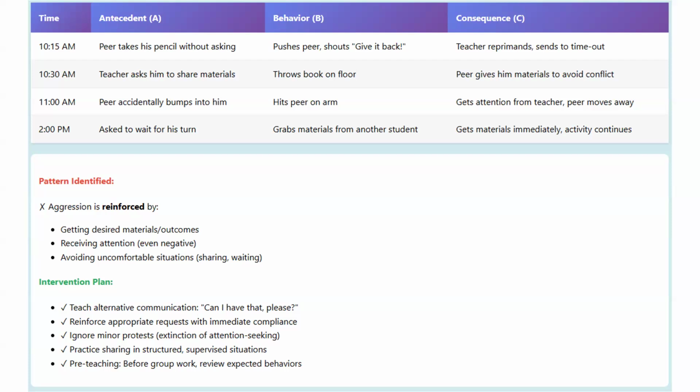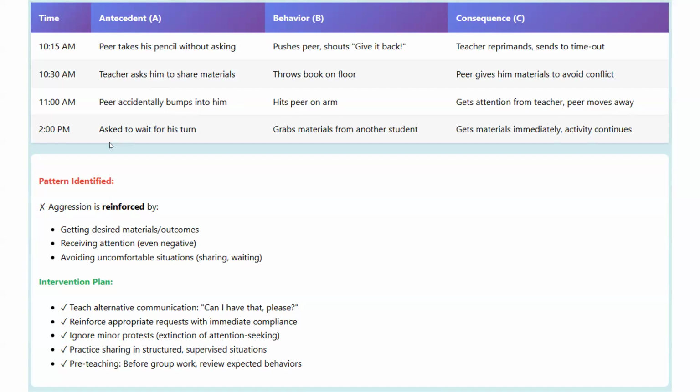At 10:30 a.m., the teacher asks him to share materials, and he throws books on the floor. He doesn't like it. The peer gives him the material to avoid conflict. At 11 a.m., a peer accidentally bumps into him, and he hits the peer on the arm. After the behavior, he gets attention from the teacher and the peer moves away.